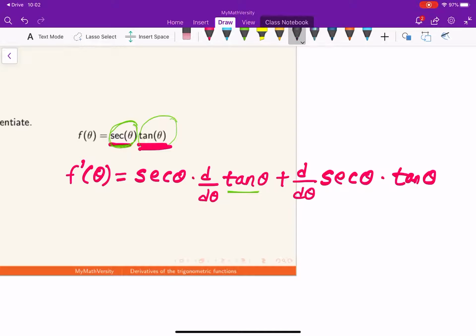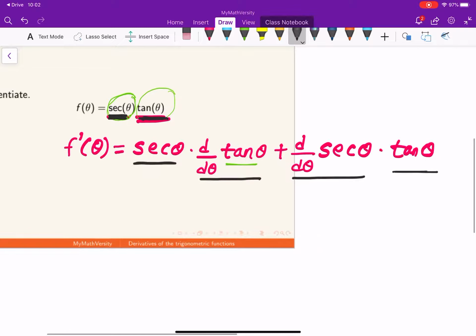As a summary, to use the product rule, if you have a product of two functions, then we leave one function as it is, multiply by the derivative of the other function, plus we find the derivative of the first function, multiply by the second function as it is. So that's what the product rule is.